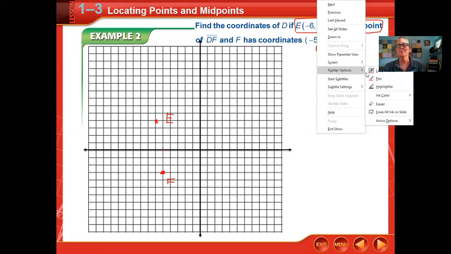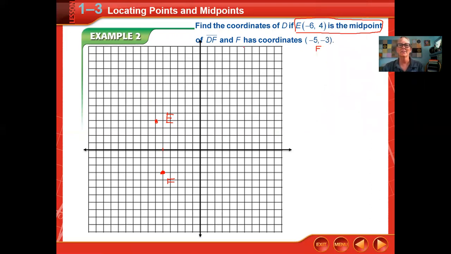So here you go. Algebra. I went up 1, 2, 3, 4, 5, 6, 7. I went up 7 from F to E. And then I went over 1.